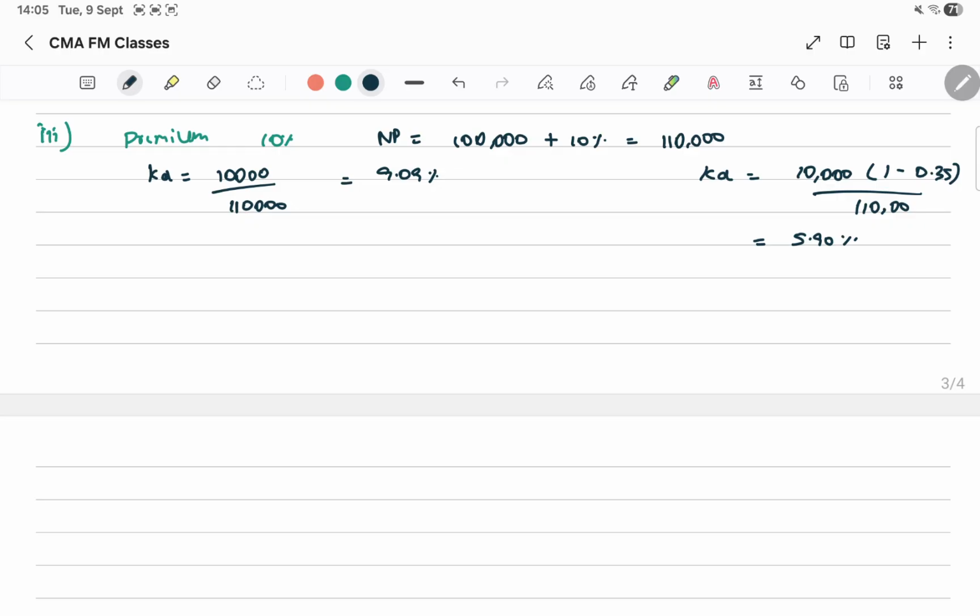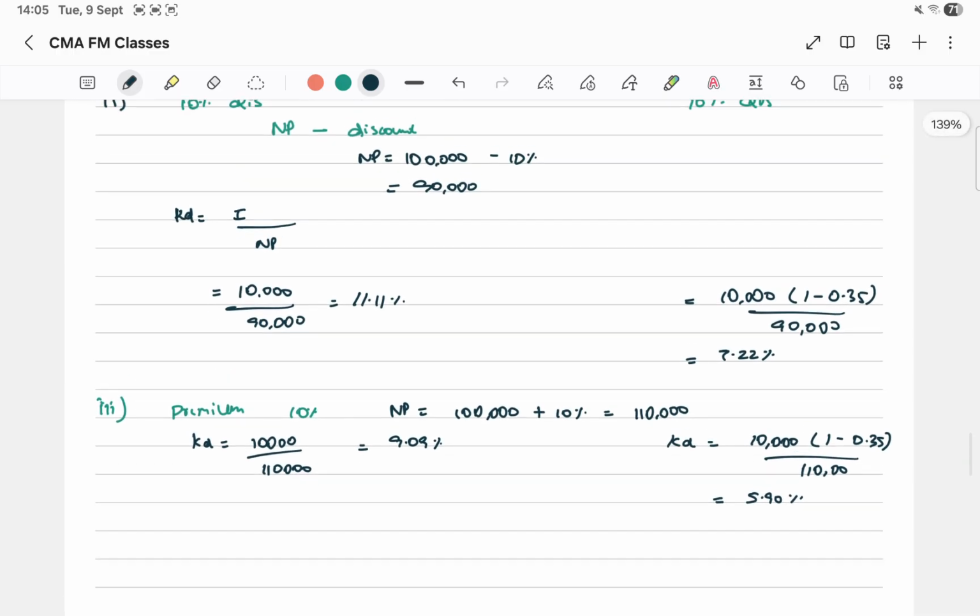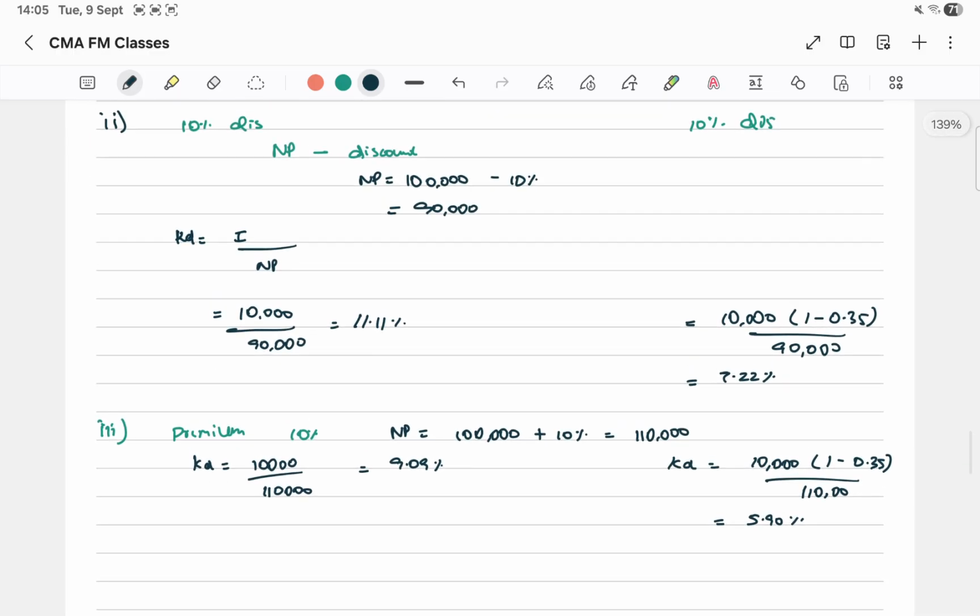If you want, you can round it off, no issues. You will get 5.91%.